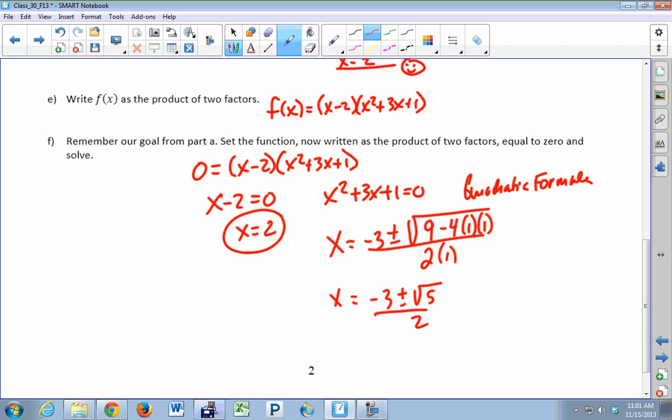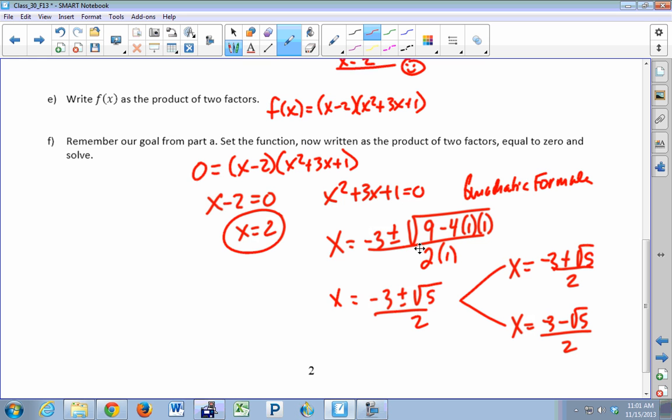Negative 3 plus the square root of 5 over 2, negative 3 minus the square root of 5 over 2. So you always get pairs of irrational zeros, just like you'll always get pairs of complex imaginary zeros. So there they are. They look identical, except for one's a plus and one's a minus.